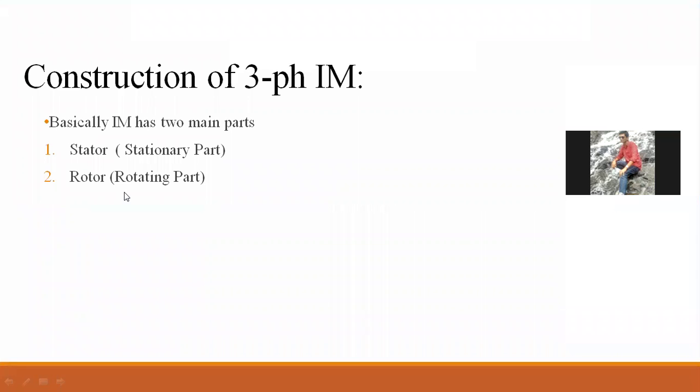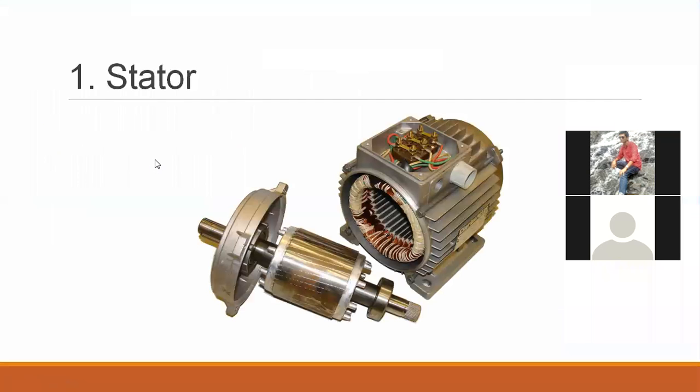Basically, as we know, the induction motor has two main parts, the stator and the rotor. The stator is the stationary part, while the rotor is the rotating part. As I said, the induction motor has basically two types, the slip ring induction motor and the squirrel cage induction motor.